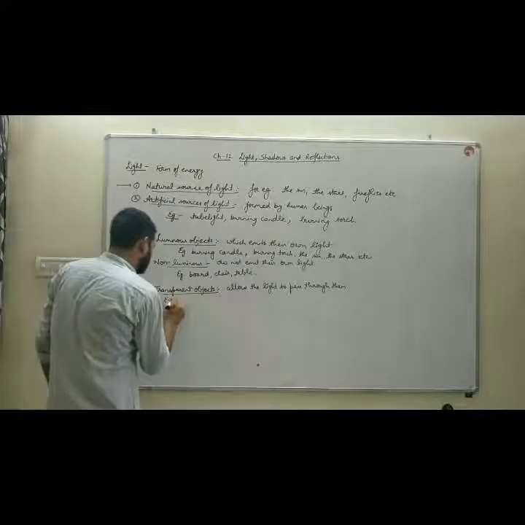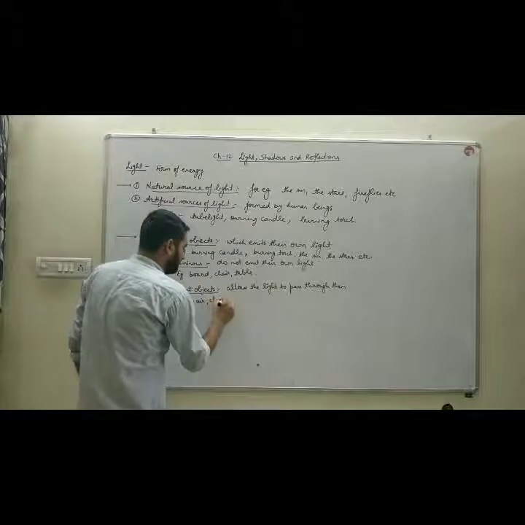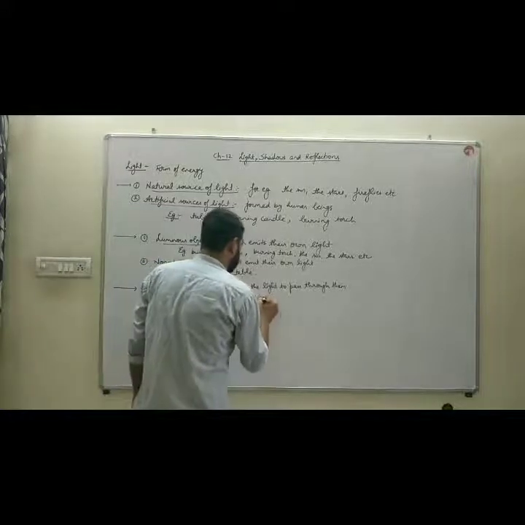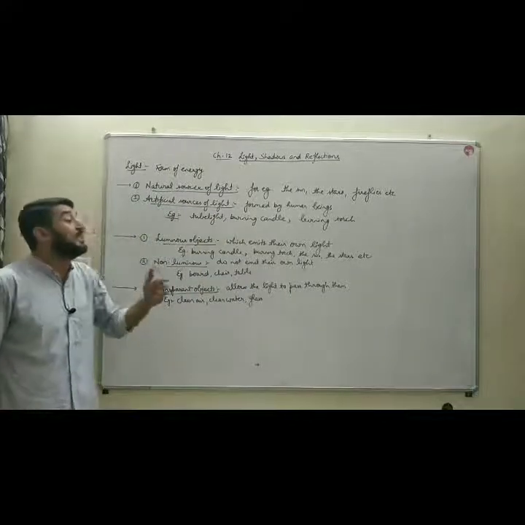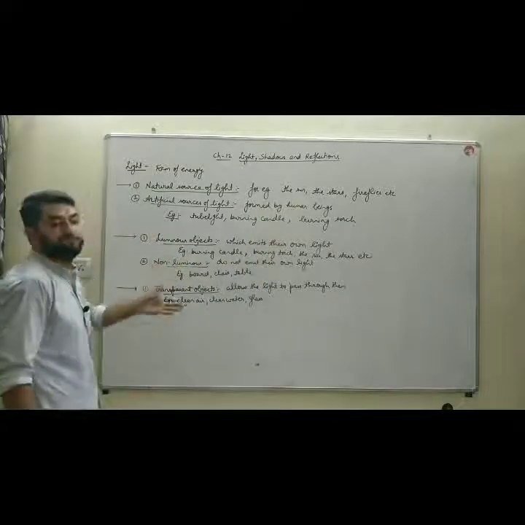Example is clean air, clean water, transparent glass. These are certain examples of transparent objects. They allow the light to pass through them very easily. That is why we can see through them.